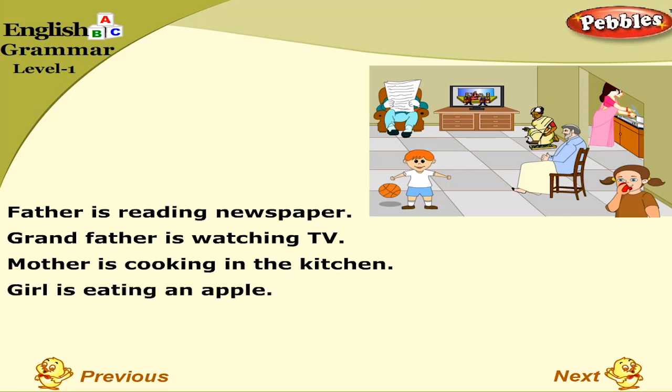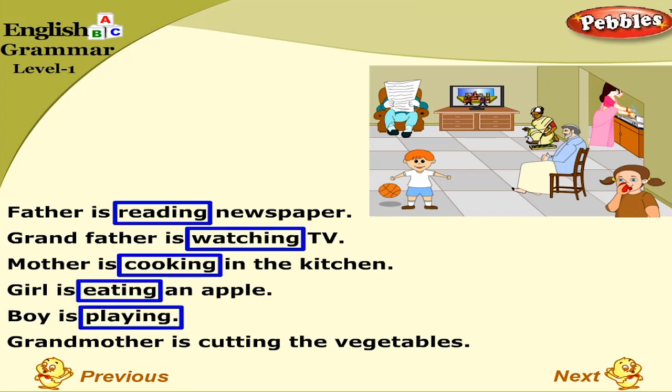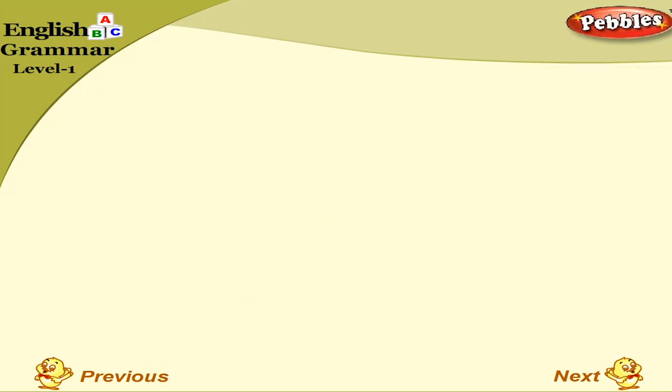Girl is eating an apple. Boy is playing. Grandmother is cutting the vegetables. Very good. In these sentences, the words reading, watching, cooking, eating, playing, cutting are all the verbs.